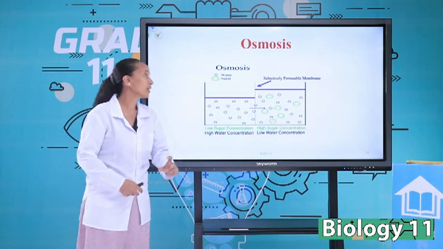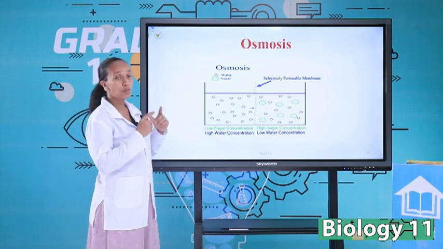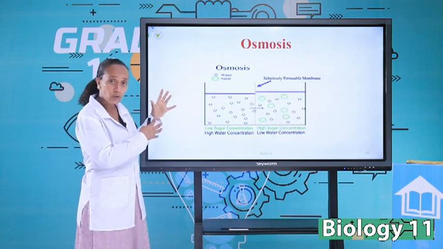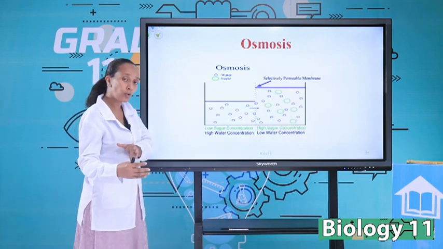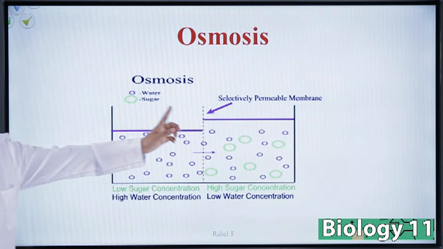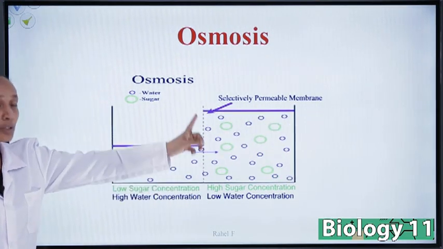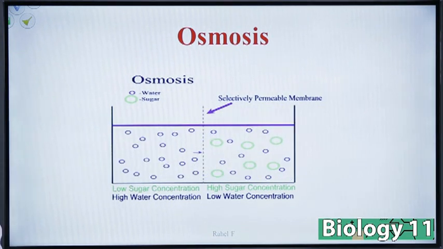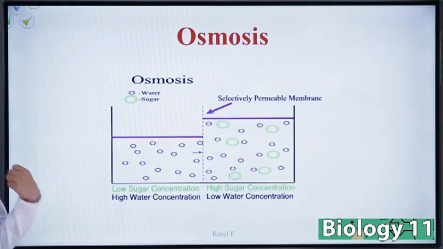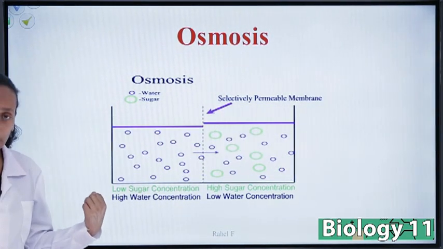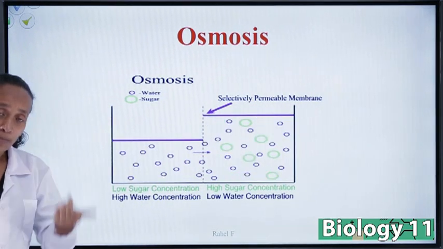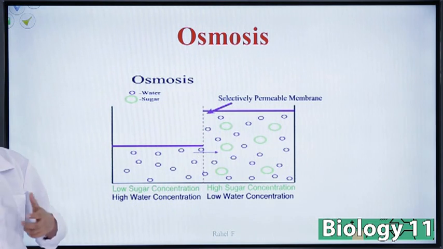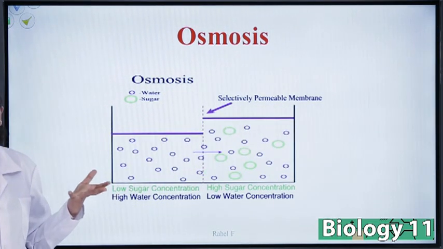Bear in mind that this process is movement of water molecules from region of high concentration to region of low concentration through a partially permeable membrane. Again, if you remember, for simple diffusion, the membrane may be partially selectively permeable, or it can be a permeable membrane.